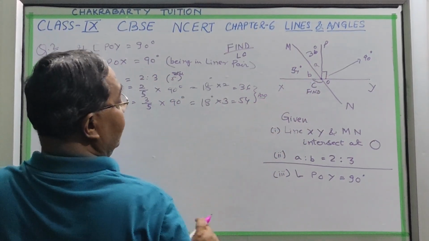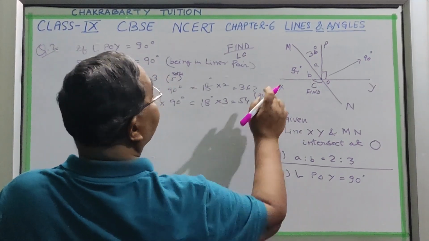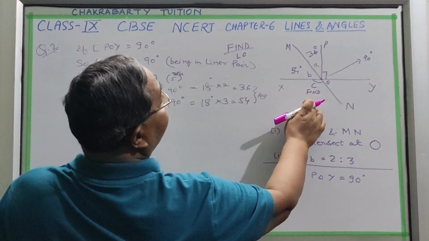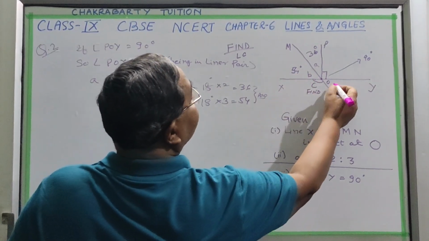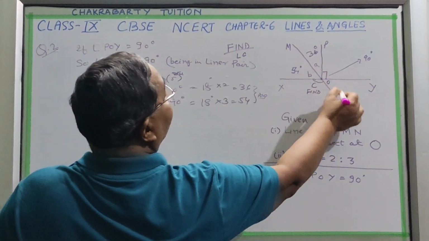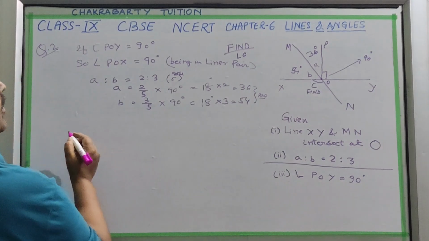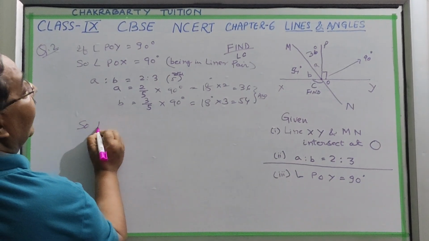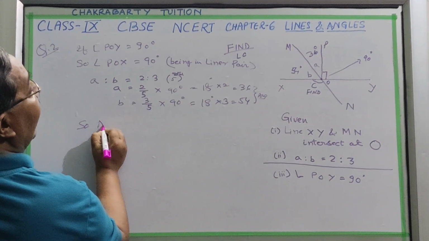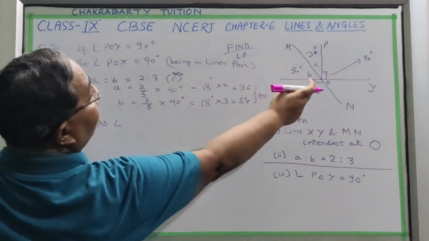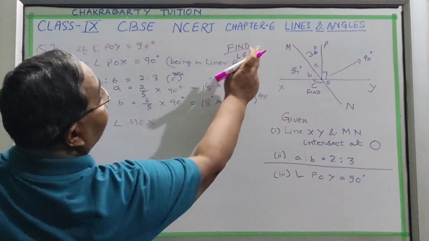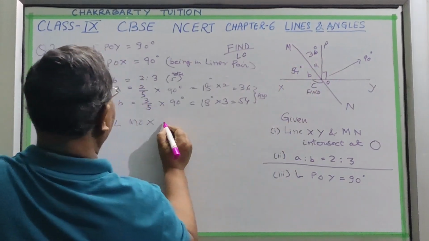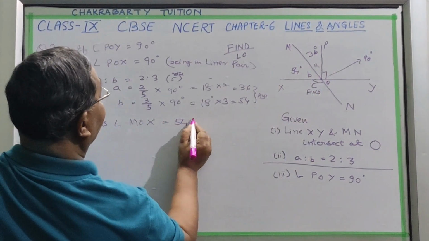One answer done. Now you have to find out angle C. So if it is 54, this will also be 54, vertical opposite. So angle MOX equal to 54 degrees.